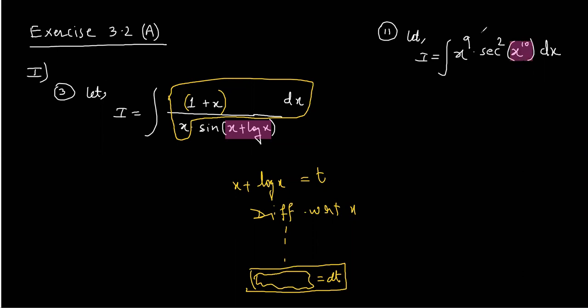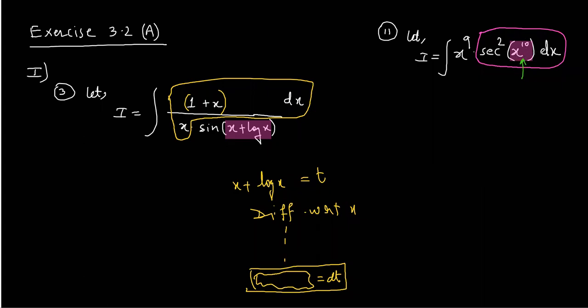Because if I had sec square x dx, then it would have been tan x plus c, but it is not sec square x. What is it which is not letting me use the result? It is this x raised to 10, because of which I'm not able to use the result.